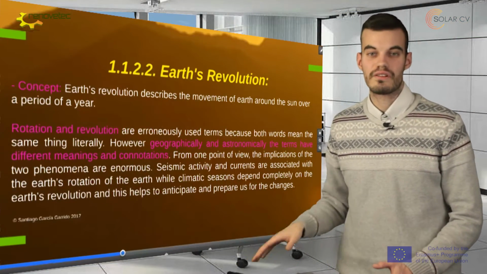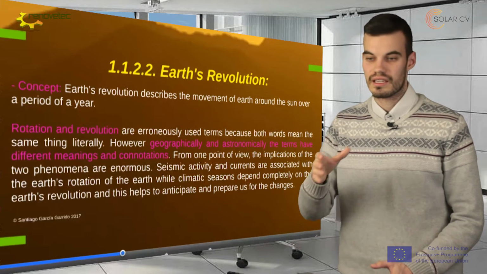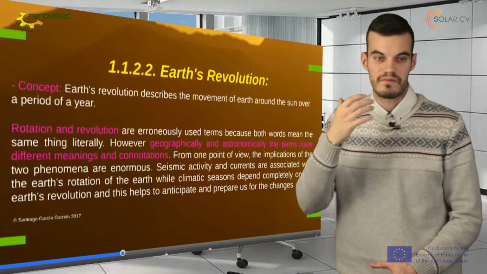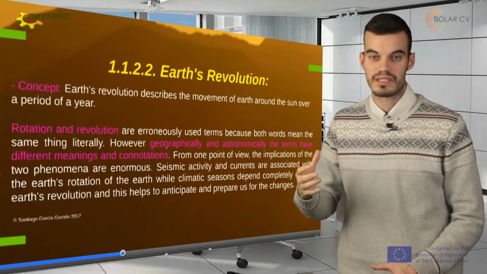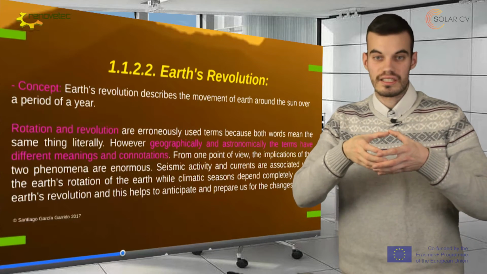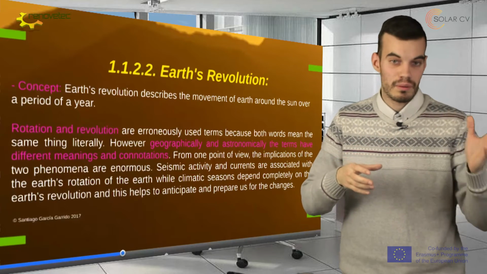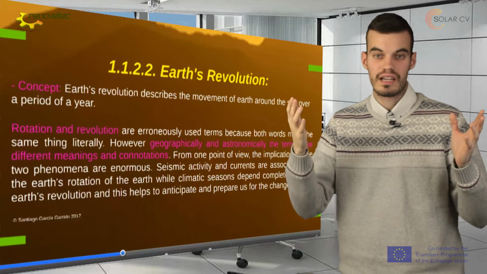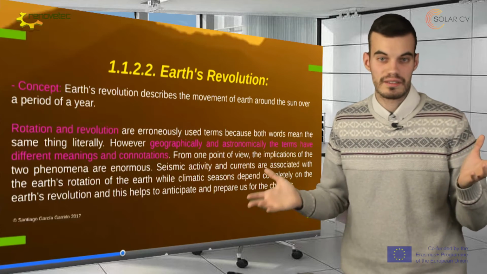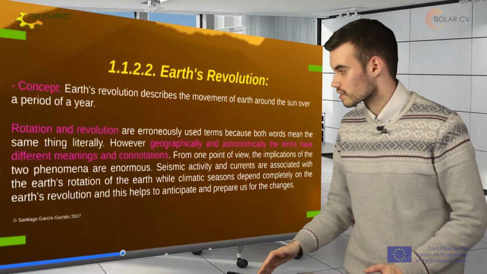Earth revolution is another important concept because it's going to be very important for our purposes. Although in English the term revolution is the same, Earth revolution and Earth rotation are very different concepts.